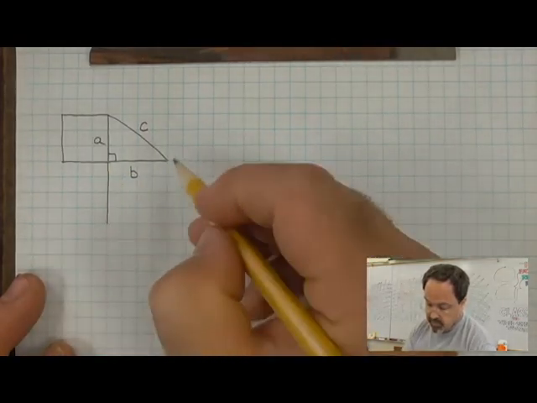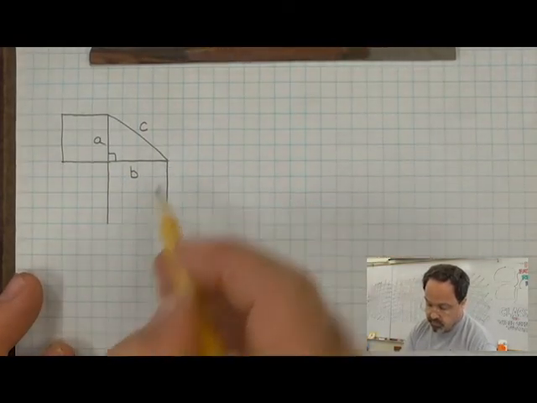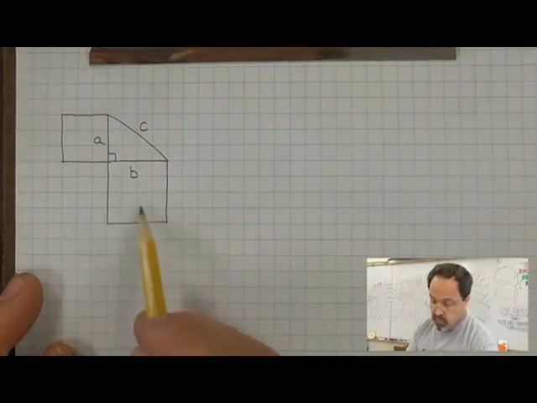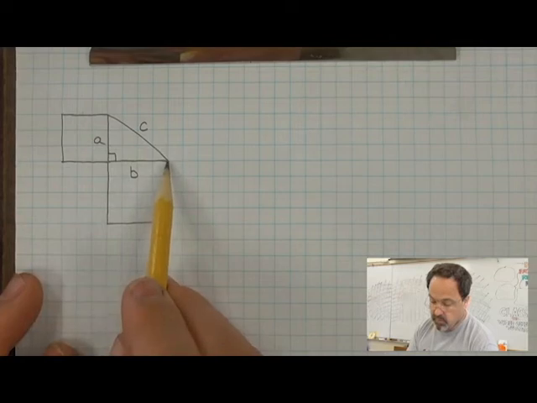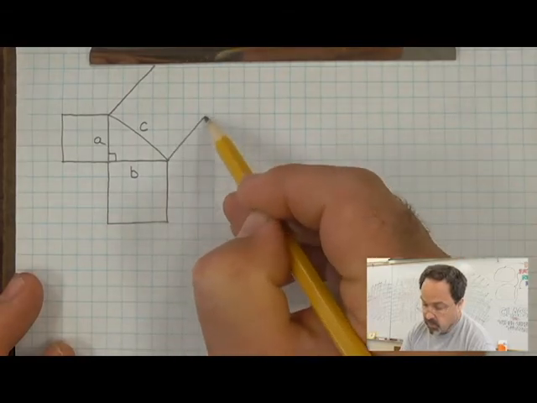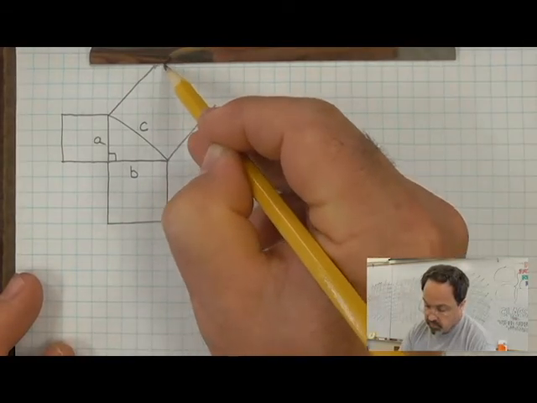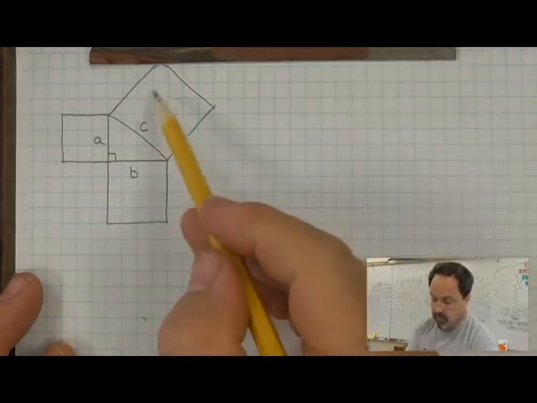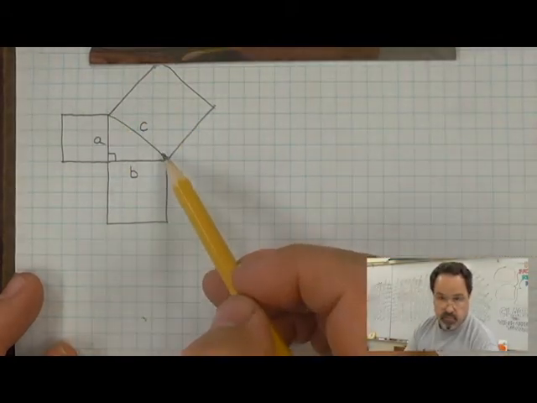I'm going to take the side length B, and form a square off of it. The area of this square then is the length B squared. And I'm going to make a square based on the side length C. The area of this square is C squared.